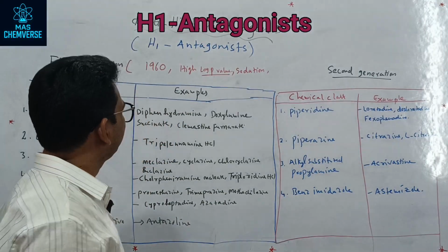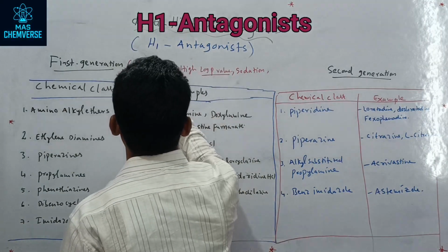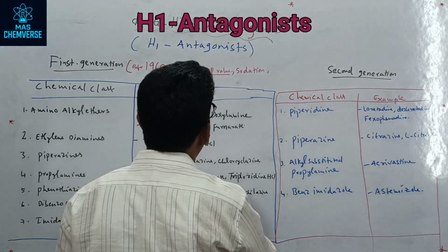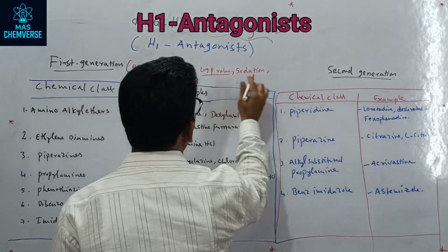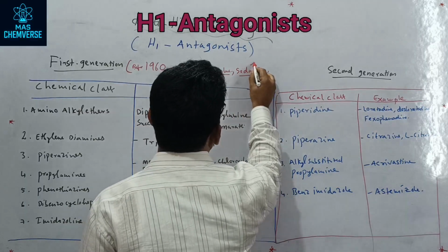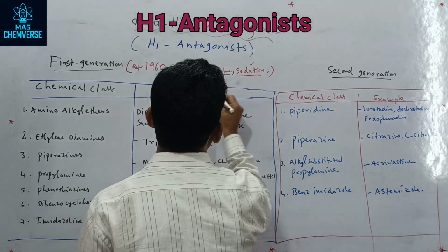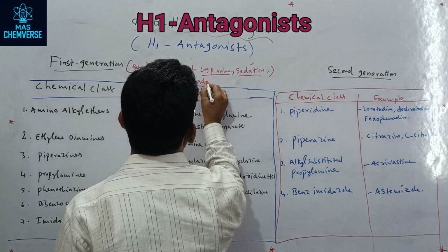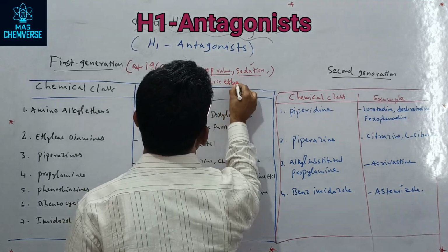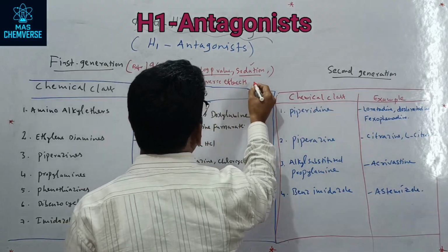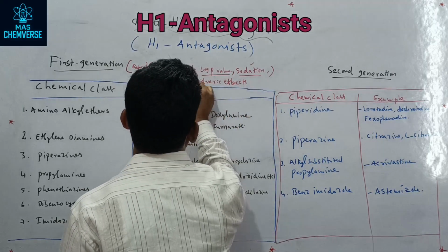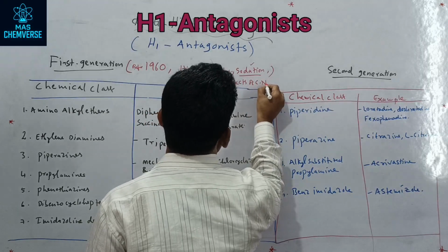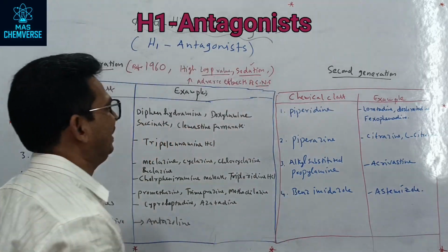Not only that, it was discovered before 1960, has a high log P value, and produces sedation. That's why it increases the adverse effects related to the central nervous system, CNS.